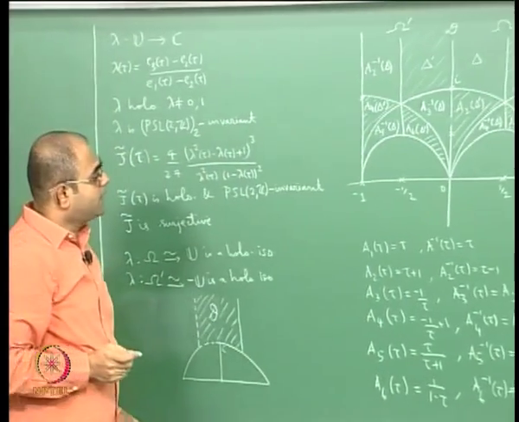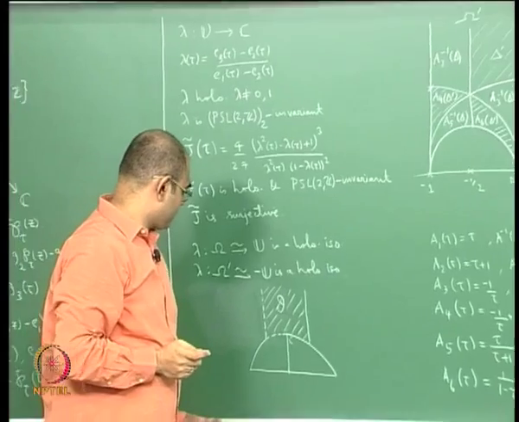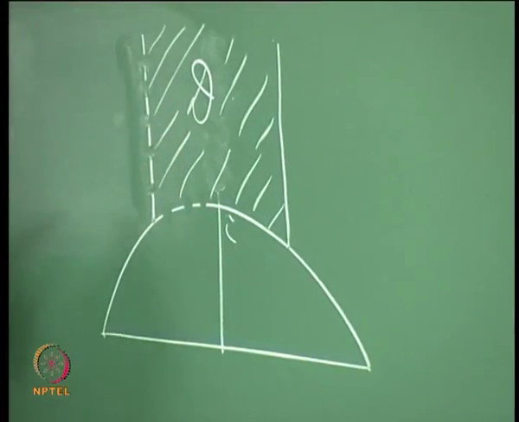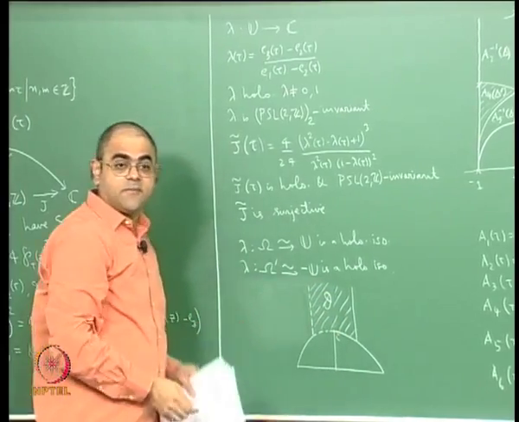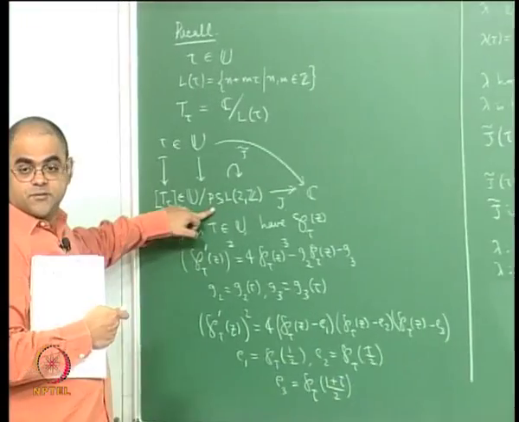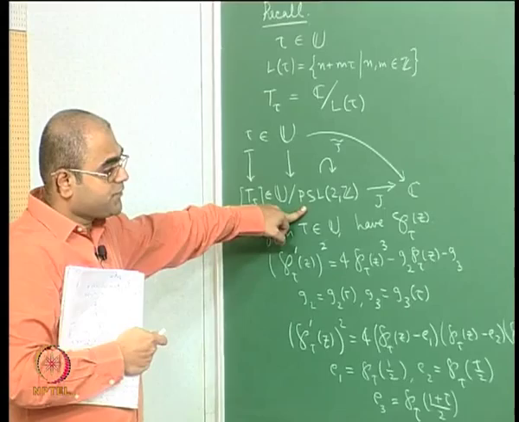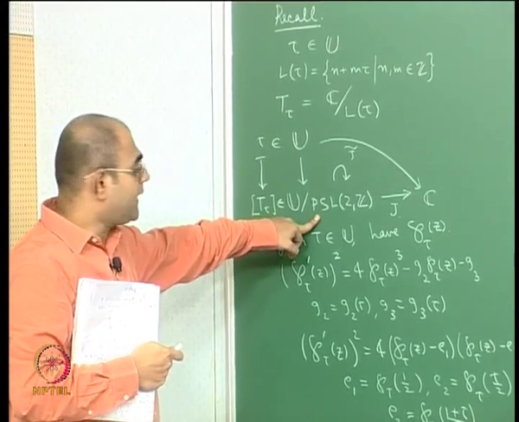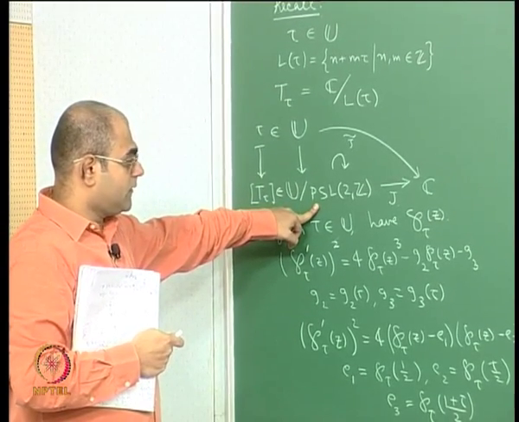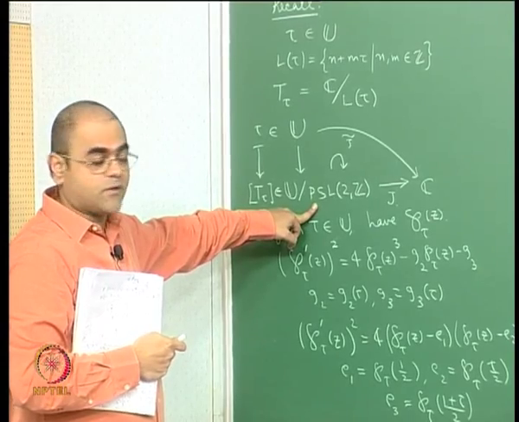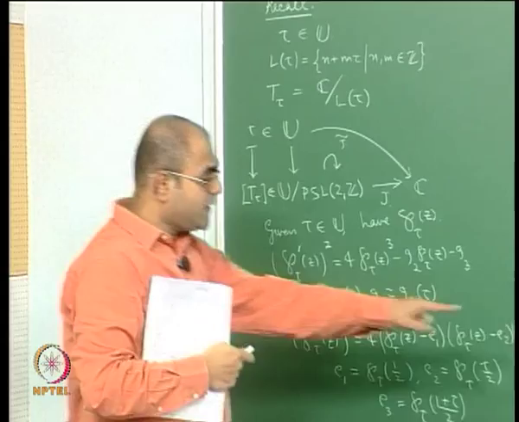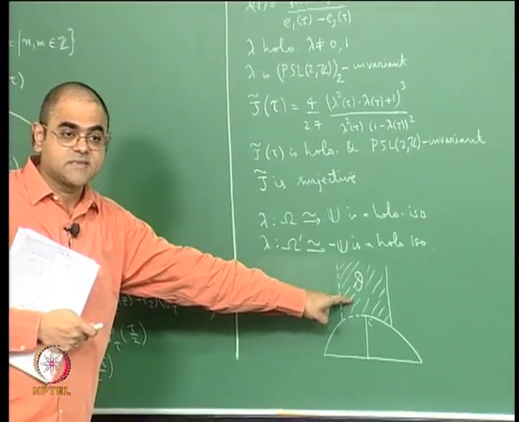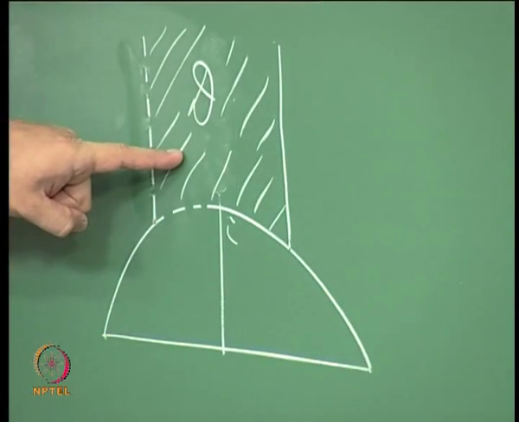So what we have already shown is that this script D is a fundamental region for the action of PSL2Z. What does it mean? If you recall, it means that every orbit of PSL2Z in the upper half plane meets this fundamental set at exactly one point.